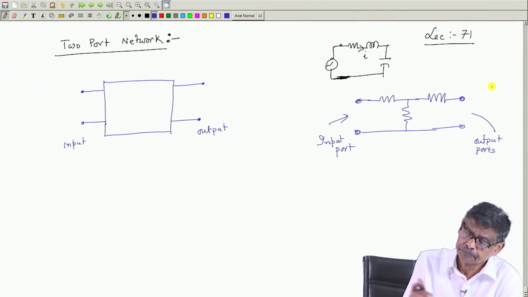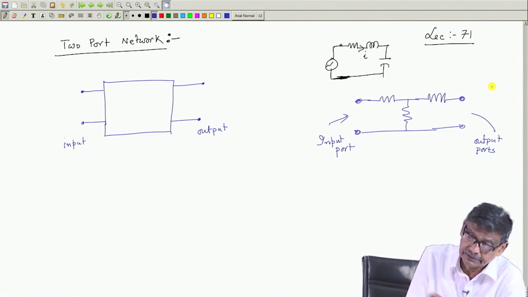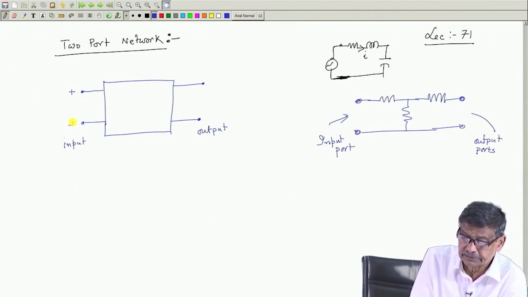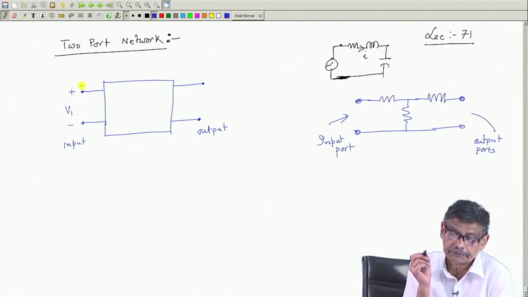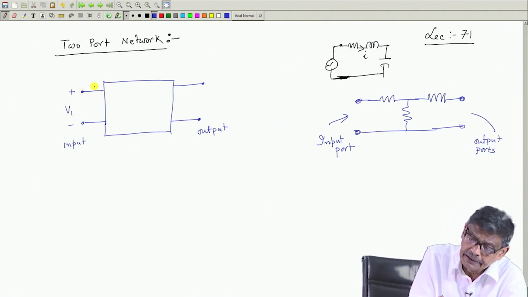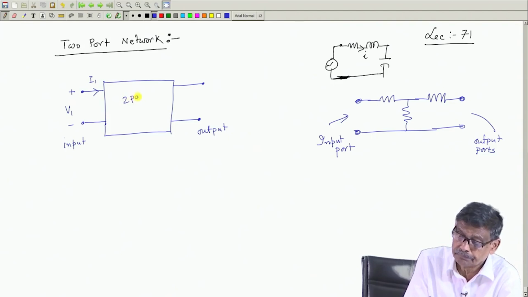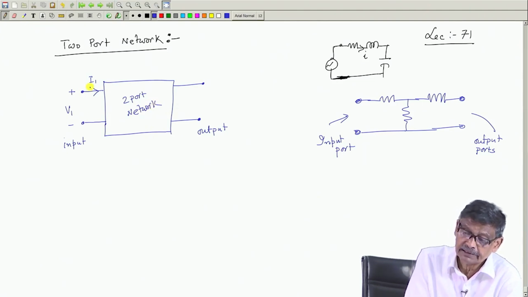and the convention is very important. What they say is this, that in this input port the voltage across this I will always write with this polarity plus minus, and the current drawn by the network is I1.